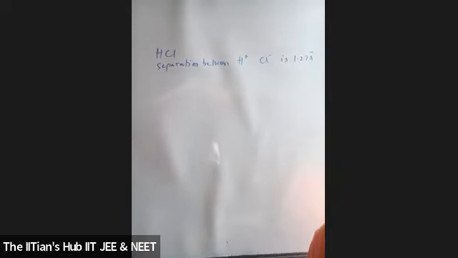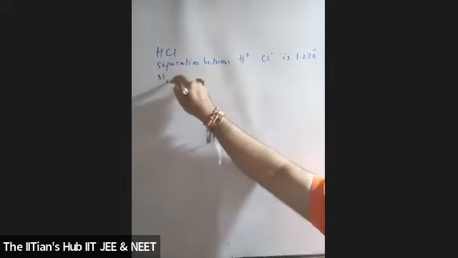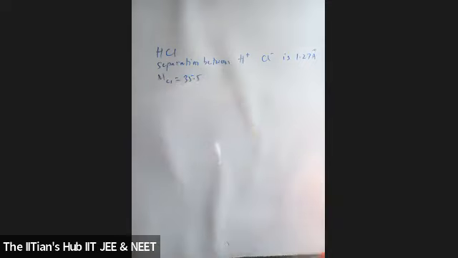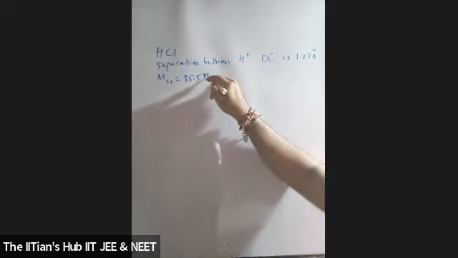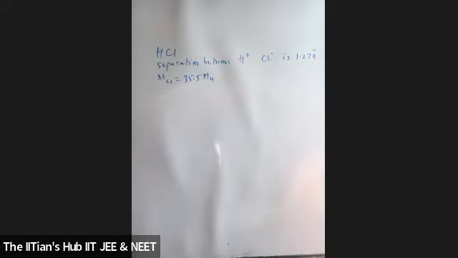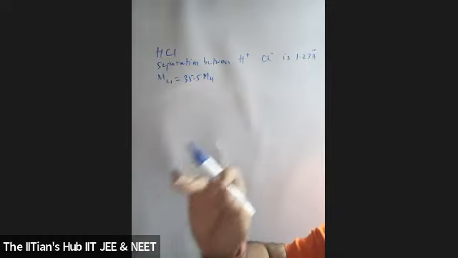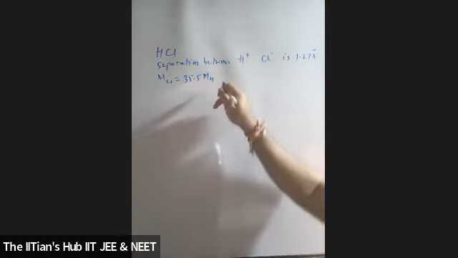That's the distance between the nuclei. If the mass of chlorine is 35.5 times that of hydrogen atom, my question to you, students: the center of mass of the HCl molecule is?